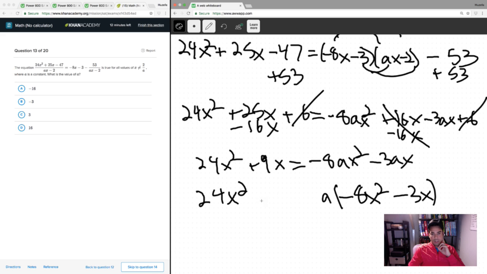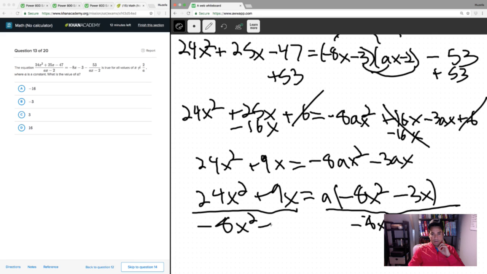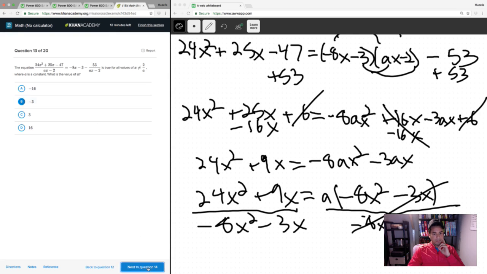And then all we've got to do is isolate a by dividing. So we divide both sides by negative 8x squared minus 3x. And you notice that really nice, as crazy as this is, this goes in exactly 3 times. This binomial goes in negative 3 times. So our answer is negative 3.